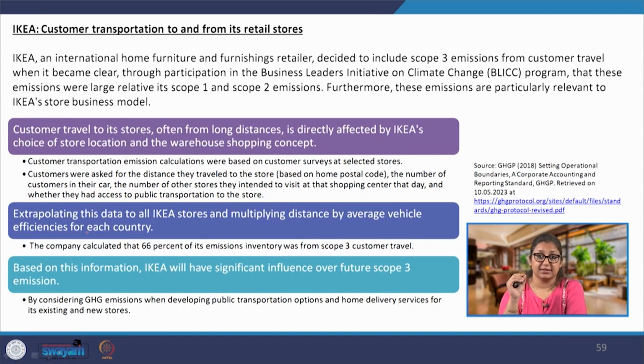One last example that I am going to take here today is that of IKEA. So, IKEA here, what we have shown is that they also considered, and they have to, the customer travel to IKEA stores as part of scope 3. So, IKEA as a business was concerned about this, and the choice of location of the store of IKEA.